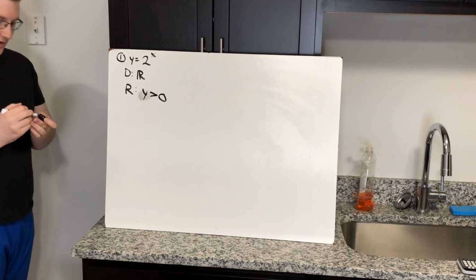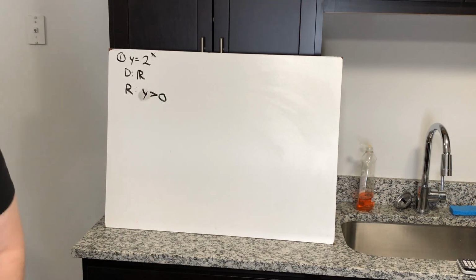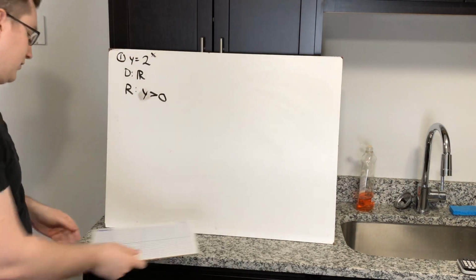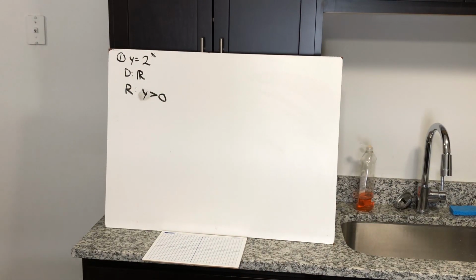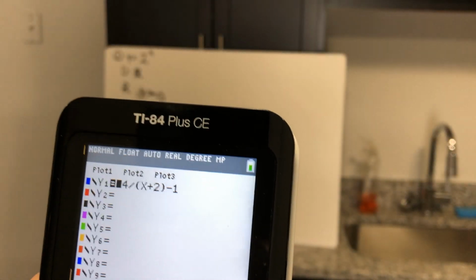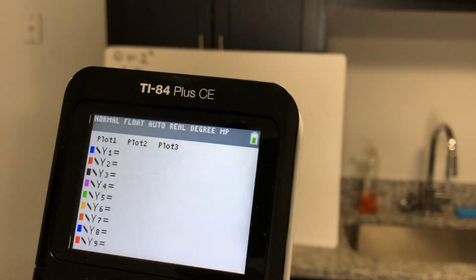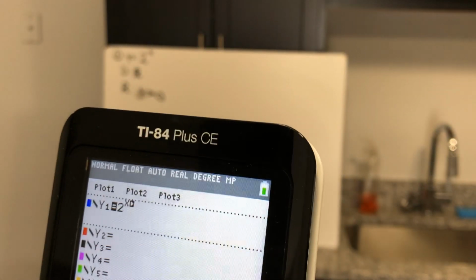We're never going to get a negative number, and I'll show you why. I brought a graph. Go into your calculators, go to your y equals, and enter 2 raised to the x power.